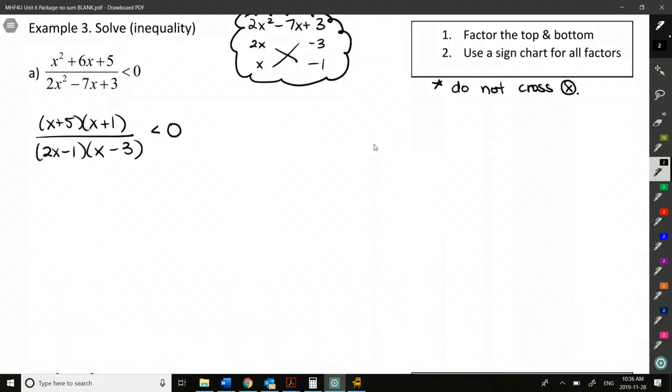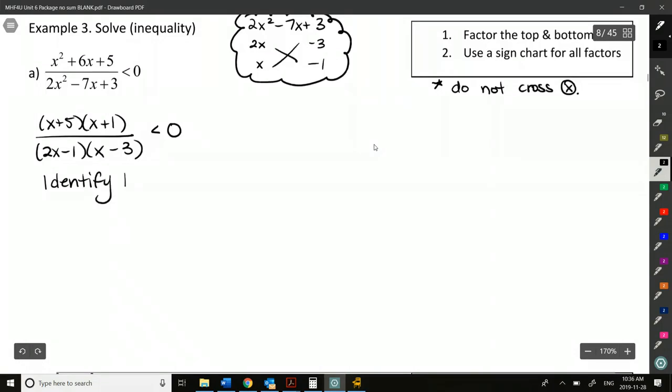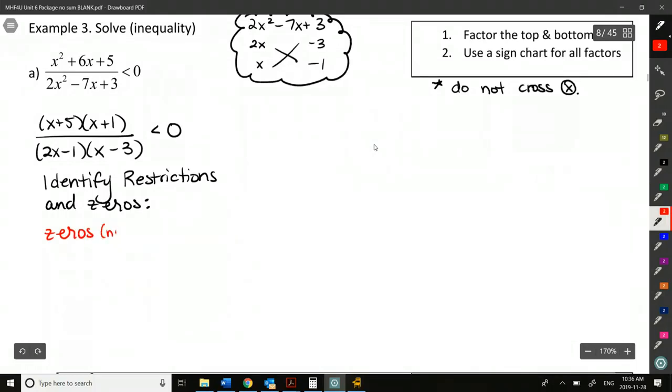Okay, we are going to identify all restrictions and zeros. So the zeros come from the numerator. What are the zeros of the numerator?